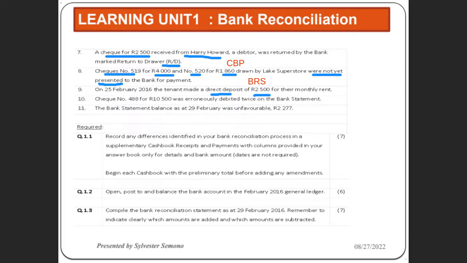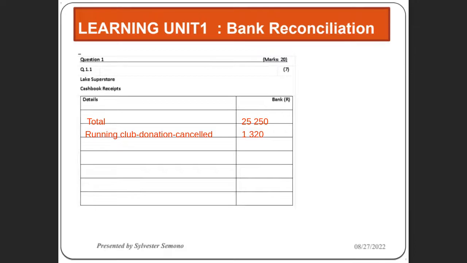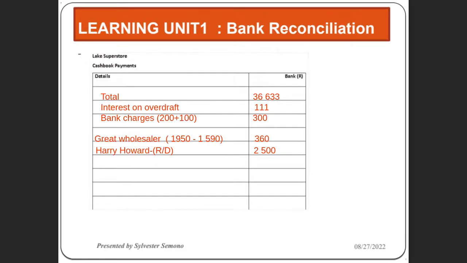Is there anything wrong with this, sir? What are we correcting? No, there's no error here. We're on number 9, by the way. Yes, so we received money, so it's CBR. You are correct. So I'm going to go to the CBR and record.